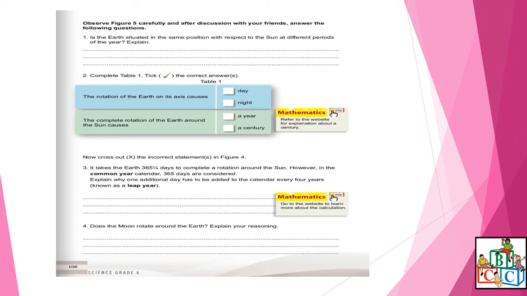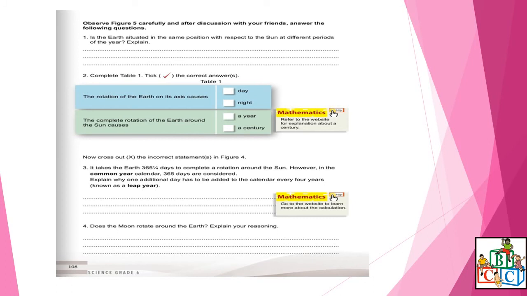You're going to add 4 times. What are you going to get? You're going to get one whole number. So this one whole number is considered as one whole day. So after 4 years, this one whole day needs to be added to keep up with the correct calendar. I hope it is clear for you.